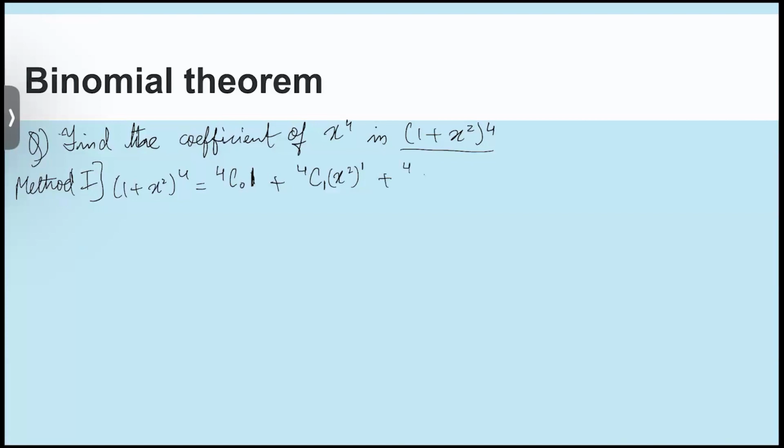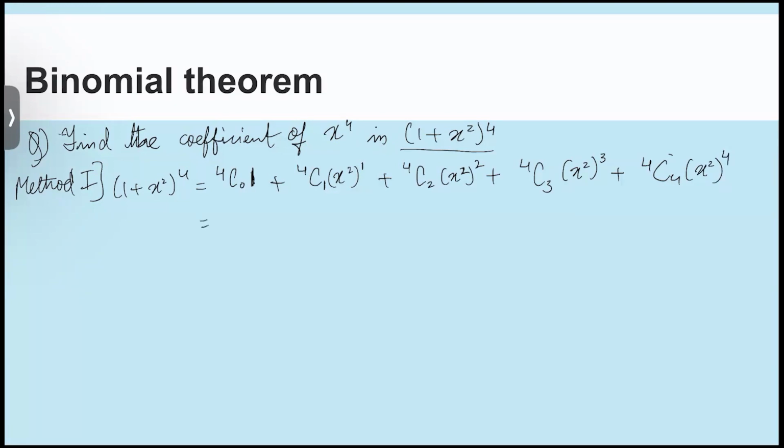Then you have 4C2 with x squared raised to 2, then 4C3 with x squared raised to 3, plus the last term, 4C4 with x squared raised to 4. So we've reached our n, and this is where we stop.